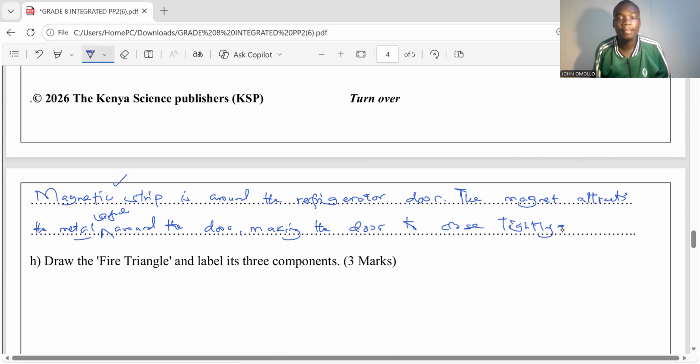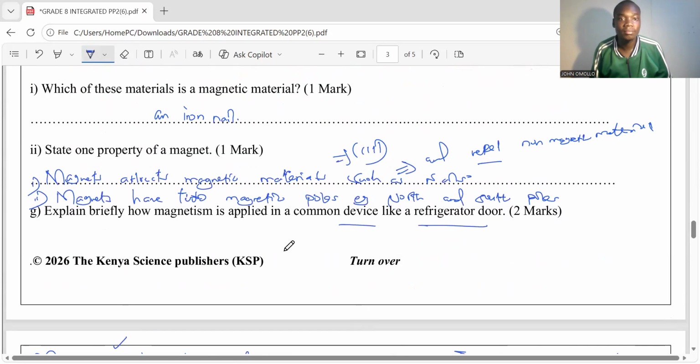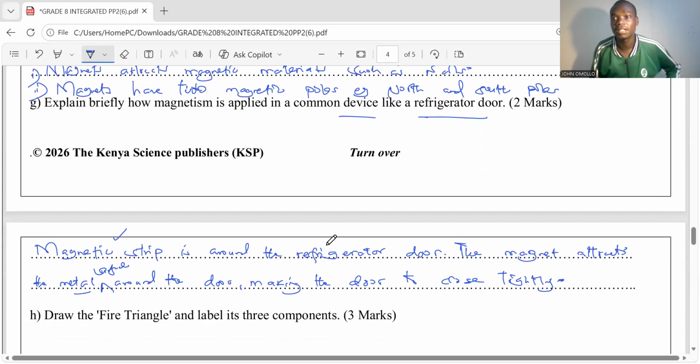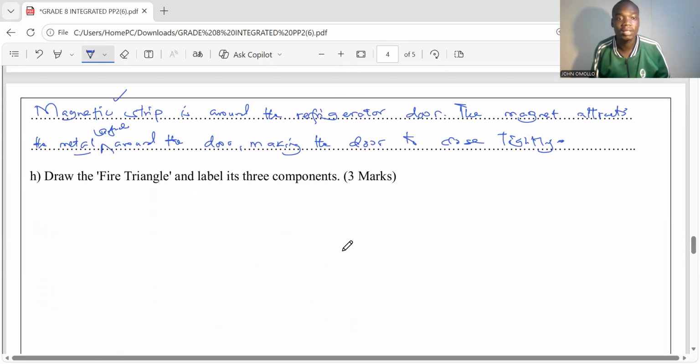So that is why this magnetism is applied in a common device like a refrigerator. You realize that the refrigerator door just closes itself and you cannot open it. It is tightly closed because of the magnetic strip located around that particular door. And the magnet now attracts the metal tightly around the door. So that is why it closes tightly.